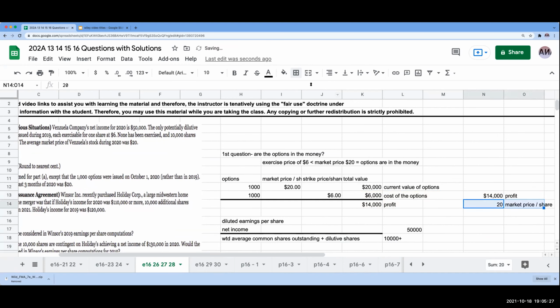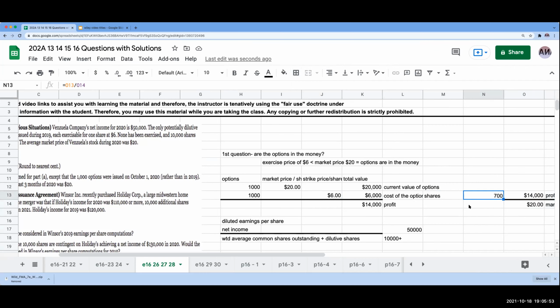What this is going to tell me is how many shares this is going to dilute by. So over here, if I take 14,000 by 20, I'm going to get a total of 700 shares. Why is it not the 1,000? Well, if we were to use what we call a cashless exercise, I would just give the person 700 shares.